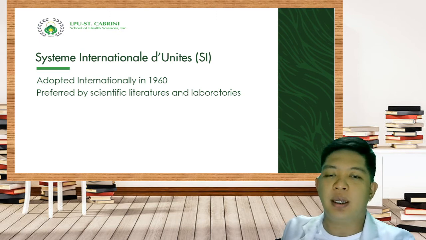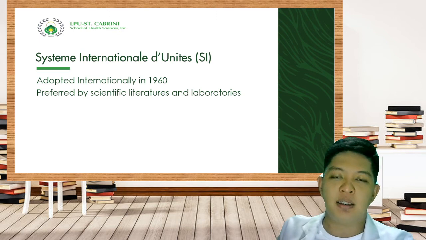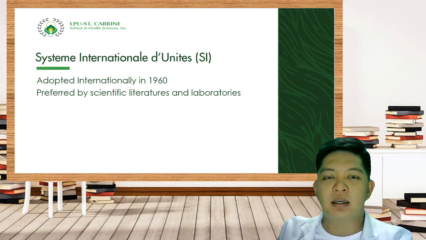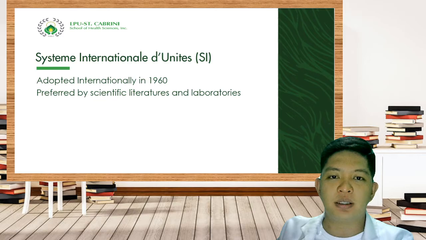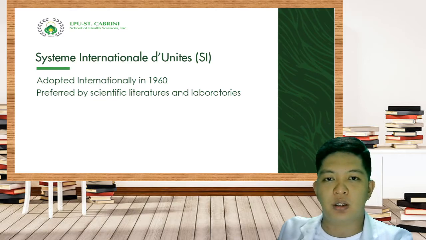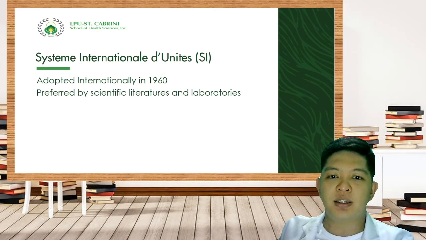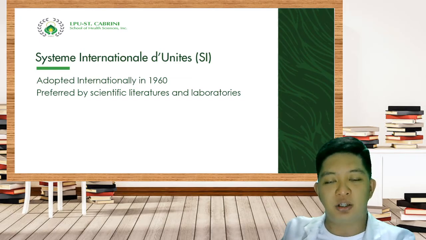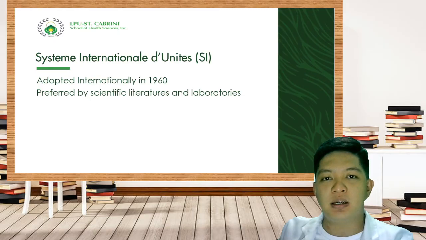Assuming that you are working in the clinical laboratory already, you will notice in the result form of clinical laboratory science or clinical chemistry, there are two columns. One is for the conventional unit, and the other one is the Sistema International unit, or the standard units, or the international units.